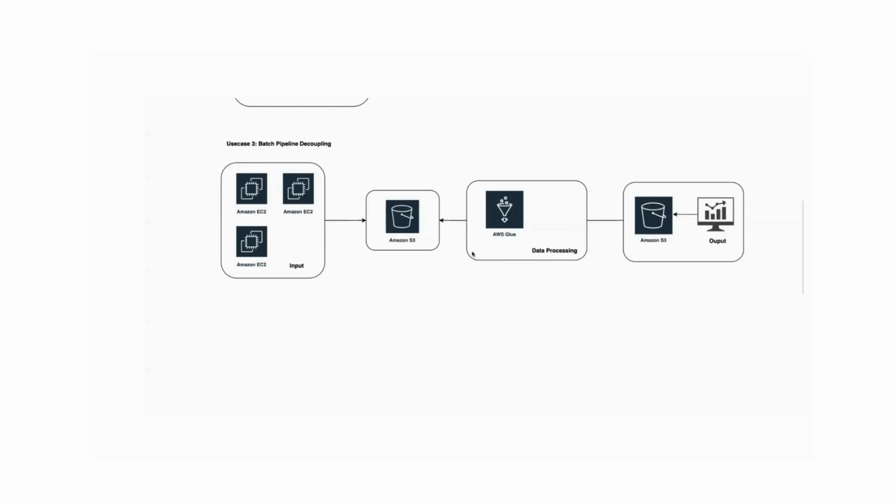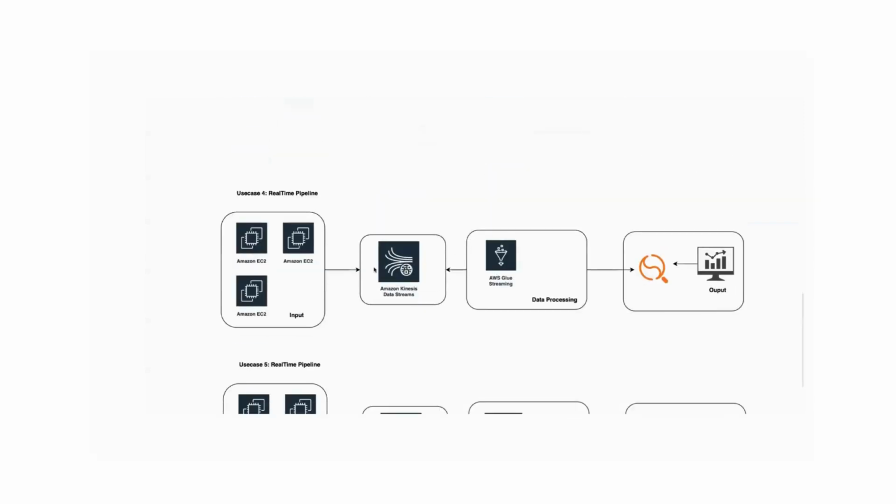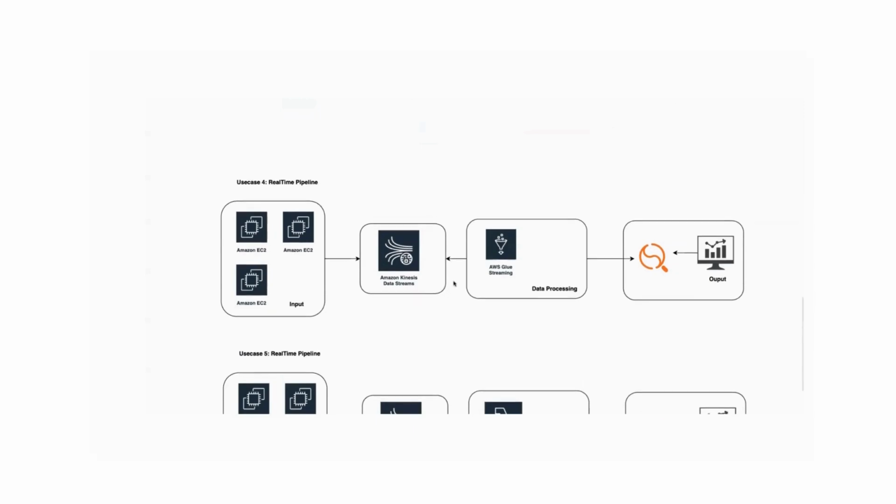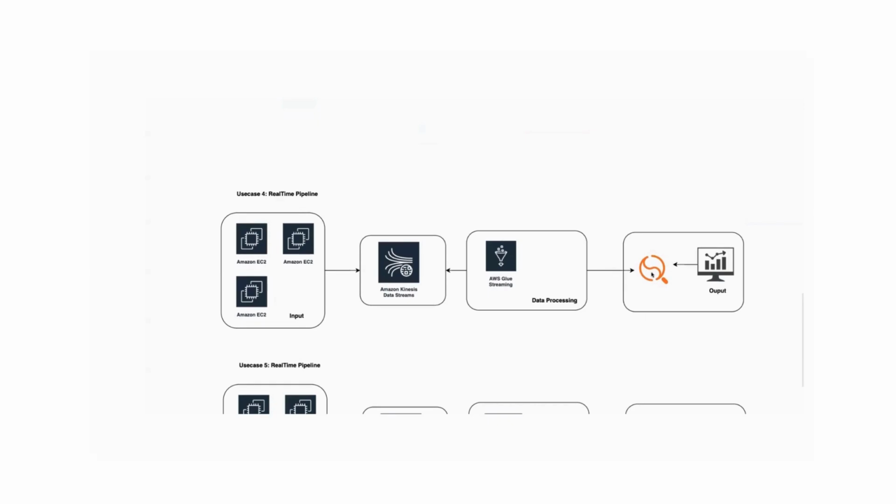So let's go for the next use case. Here, one change that I have made is to use OpenSearch instead of S3. And also for the output, assume you will be using a dashboarding tool like Grafana that lets you refresh at lower frequencies. Grafana works well with OpenSearch, so that's the reason for picking OpenSearch.